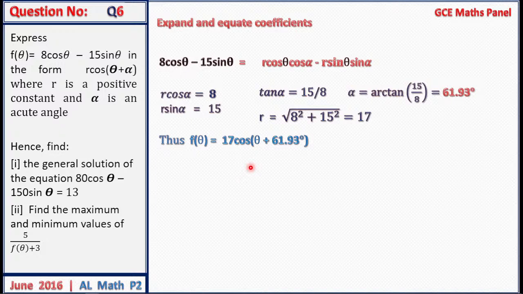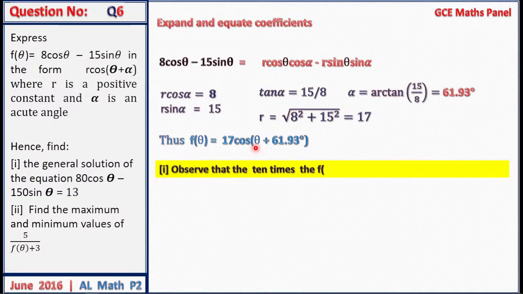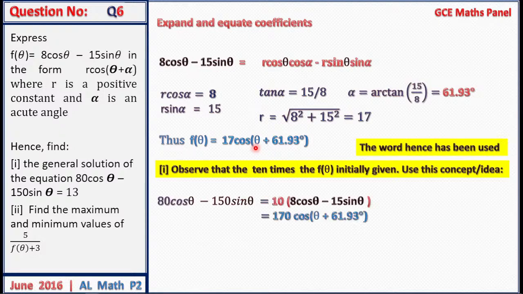So what we do is take the value that we have here, multiply by 10 and equate it to 13. So when we multiply by 10, we'll have 170 cos(theta plus 61.93 degrees) equal to 13.